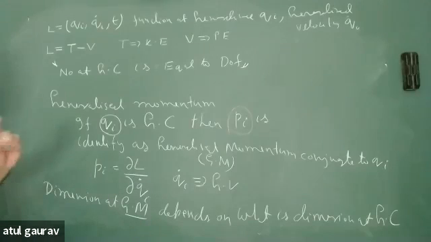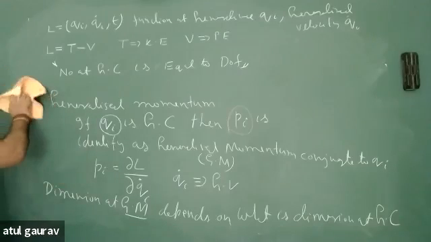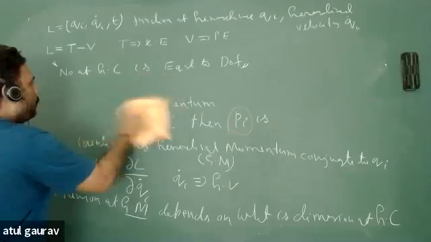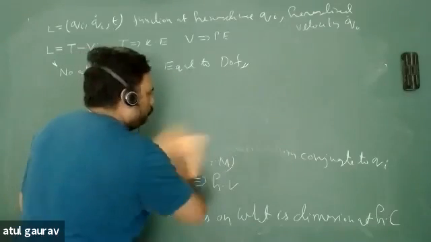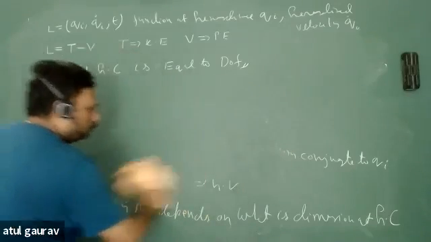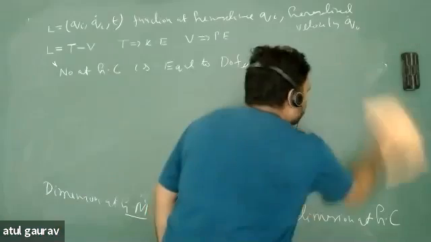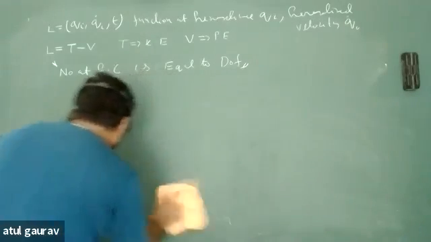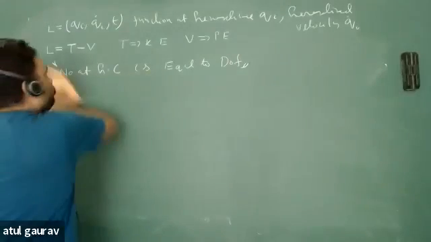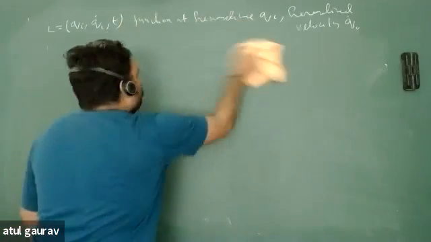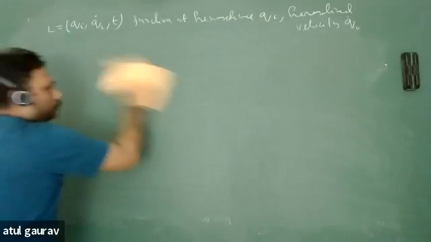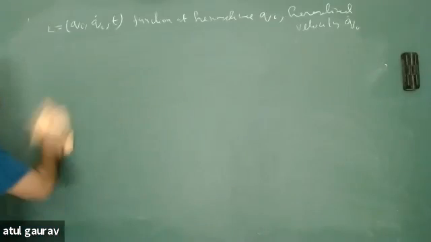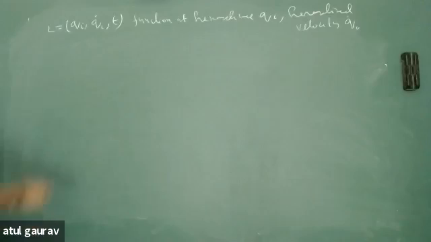Now next is very important, and that is the cyclic coordinate. Let's go for the cyclic coordinate. We can have n generalized coordinates.